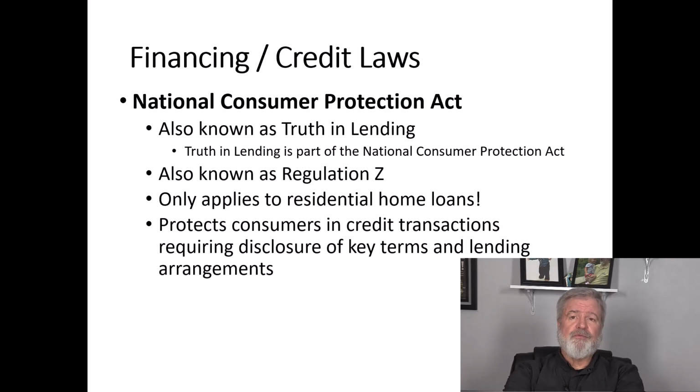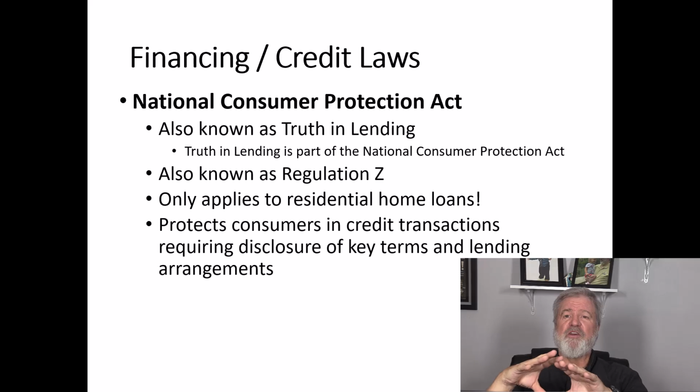Y'all, just for example, say a homeowner wants to borrow money to put a pool in their yard. Would that loan fall under truth in lending for a pool? Absolutely. Yeah, because that's part of your home. And if you're borrowing money to put a pool in your yard, you're probably getting an equity line of credit or something like that.